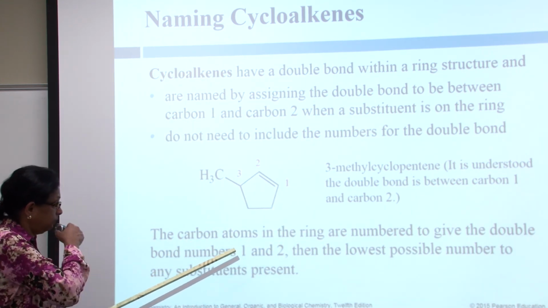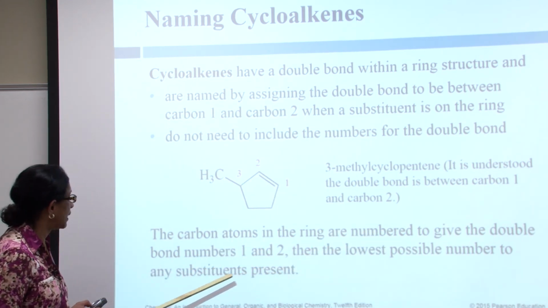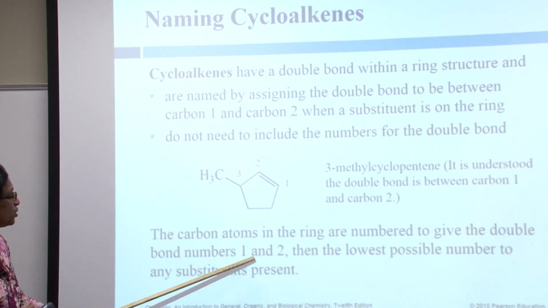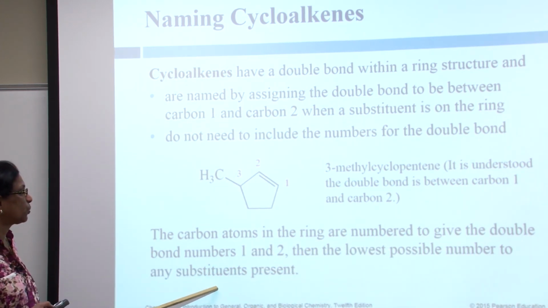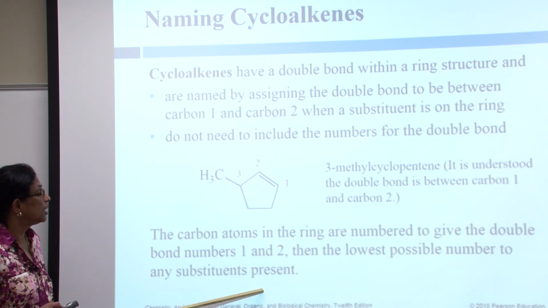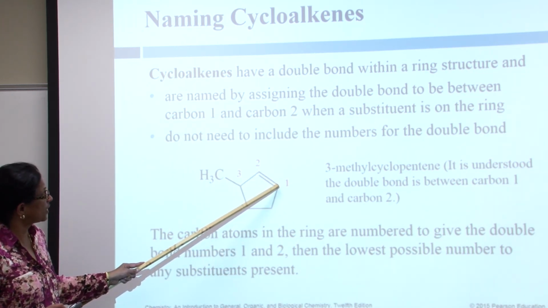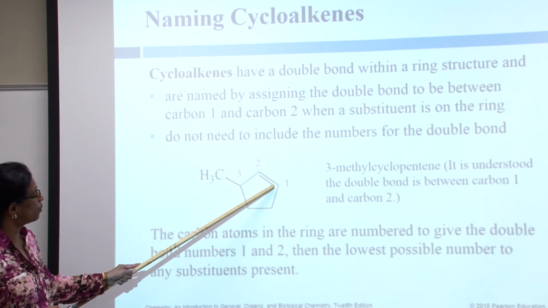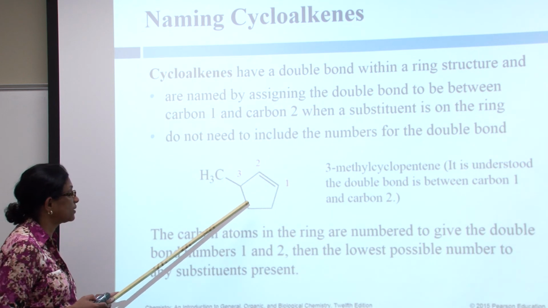So the carbon atoms in the ring are numbered to give the double bonds the numbers 1 and 2, then the lowest possible number to any substituents present. So that was why we went this direction 1, 2, 3 and didn't go 1, 2, 3, 4. We want to pick the lower number for the substituents as well.